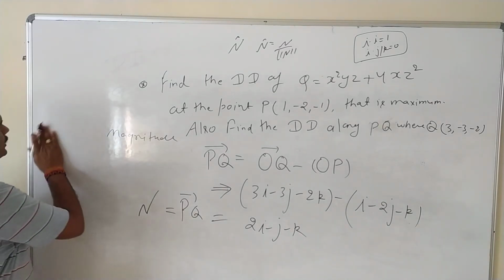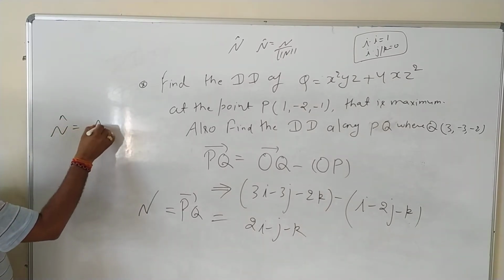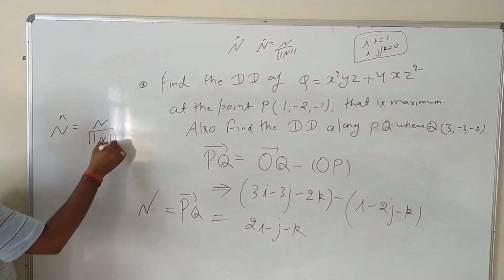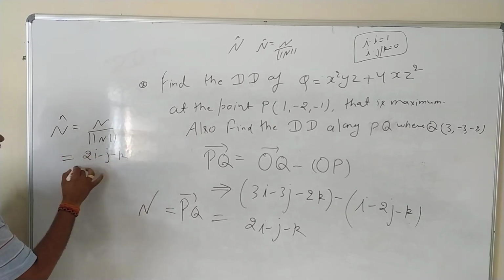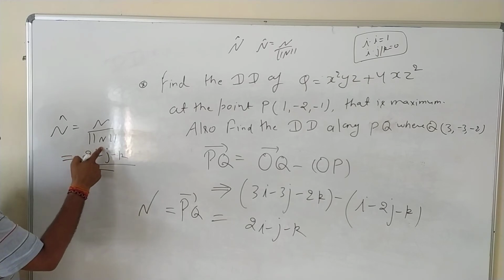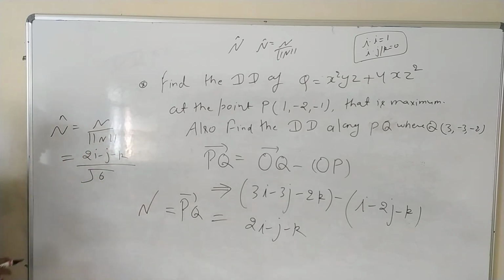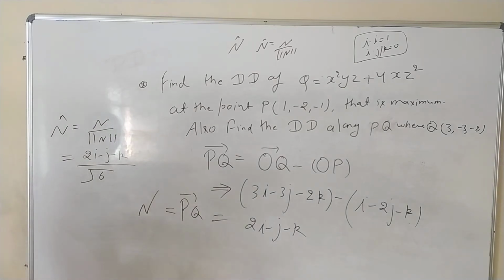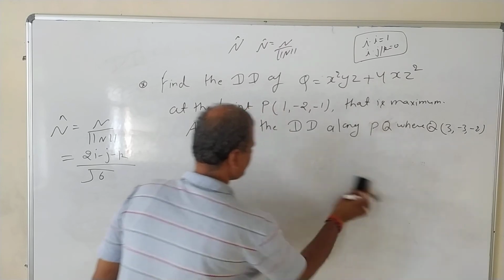So immediately I will find the n cap. So n cap will be n upon mod of n. So that will be 2i minus j minus k over root of 4 plus 1 plus 1, that is root 6. Okay. Now this is fine. Now we will find the gradient of phi.